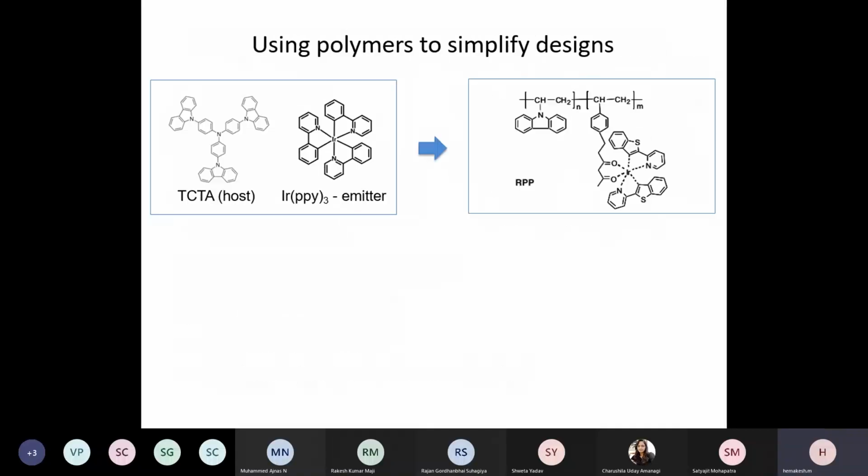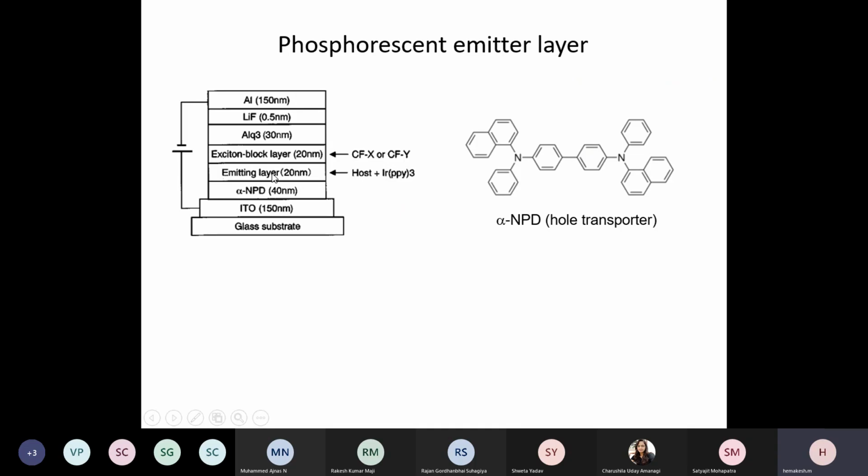You can simplify the structures by help of molecules, polymers. So other people have tried to make polymers where you have the hole transporter host and the iridium complex stuck at the same polymer. So instead of having to use 2 polymers and coat them together, so this emission layer, the host and iridium are being coated at the same time to the emission layer.